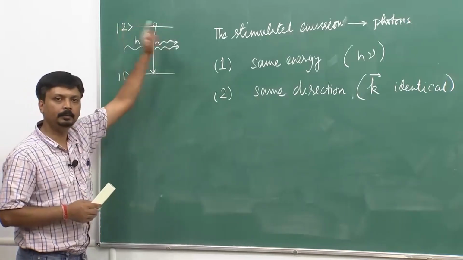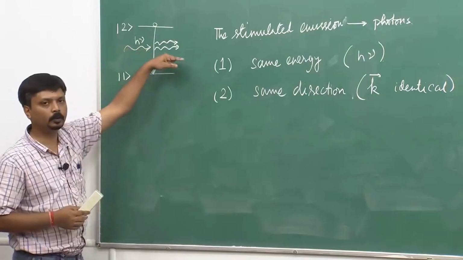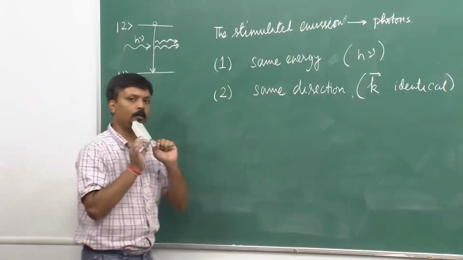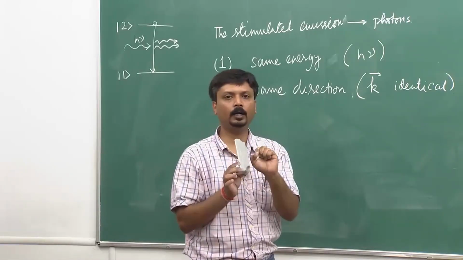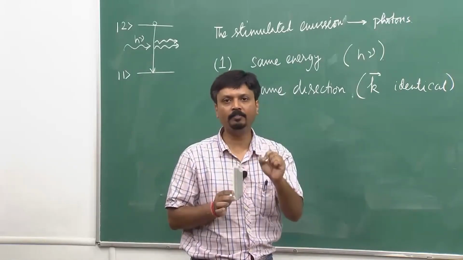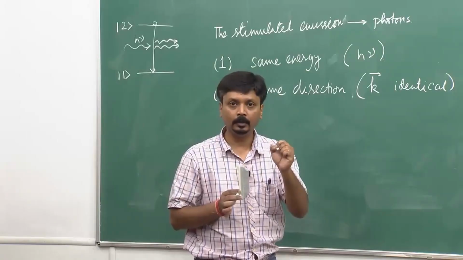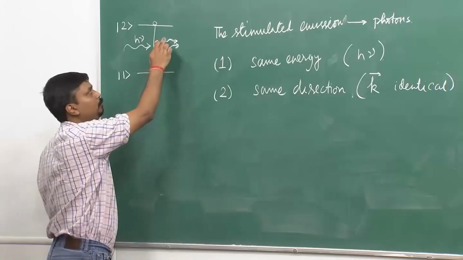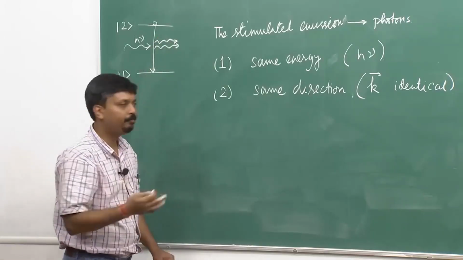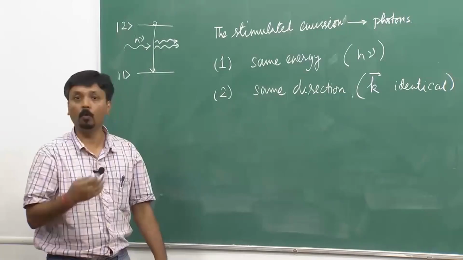And this photon is coming and interacting with this instantaneously, the light is being emitted and the original light is also going. So, there is no option for the emitted light to have a different phase. That means that both of these photons will have the same phase, or they will be coherent.